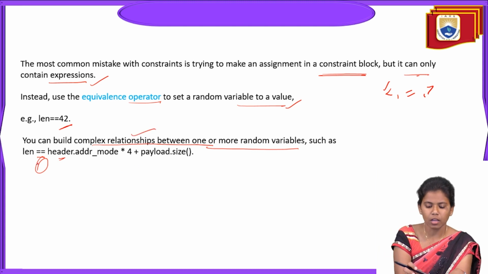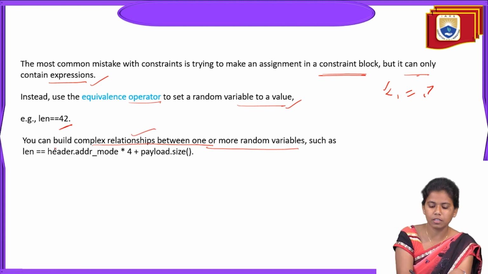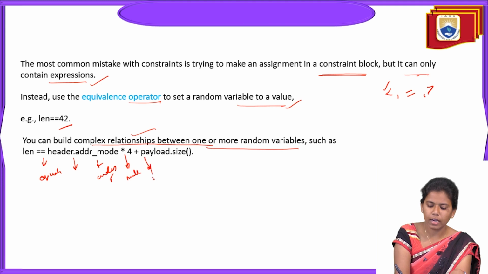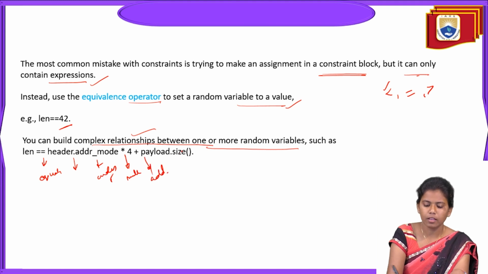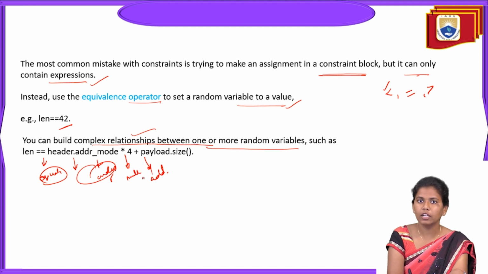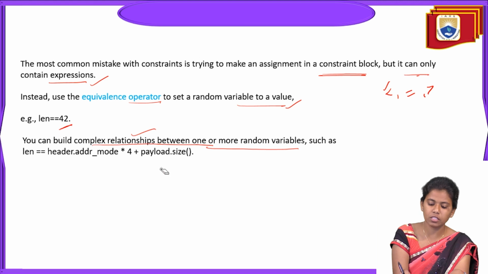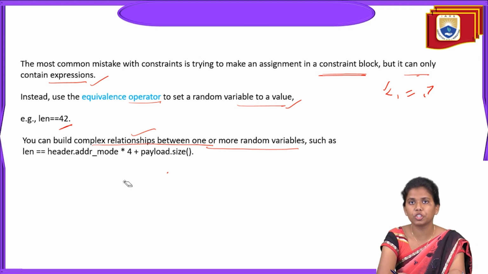So this is a complex relationship where you observe the relational operation, the equivalence operator, the dot, the underscore, and multiplication and addition. These are the different categories of terms that help us describe the relationships between all these random variables.